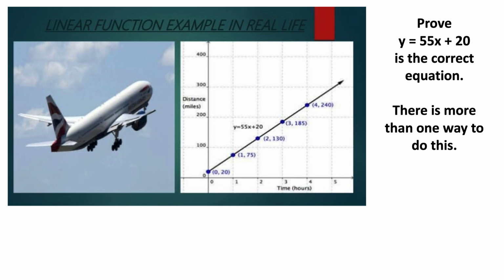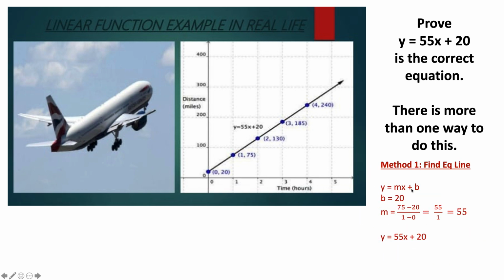All right, so one way to do this is to just derive the equation, to do it exactly the way we just did with the dogs and the median age problem and so on and so forth. So to do that, I need the slope and the y-intercept. The y-intercept is 20. I know that's 20 because it says (0, 20), and the y-intercept always pairs with 0.